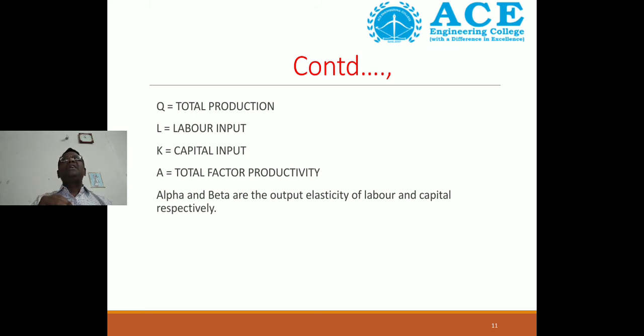Alpha indicates the wage share, beta indicates the capital share. Q indicates the total production, L the labor input, K the capital input, and A the total factor productivity.